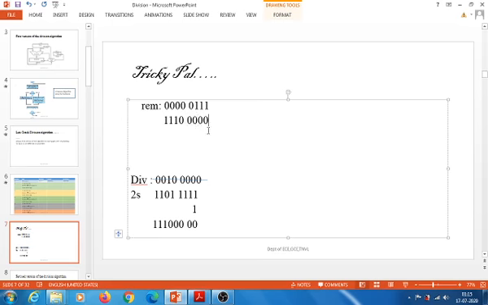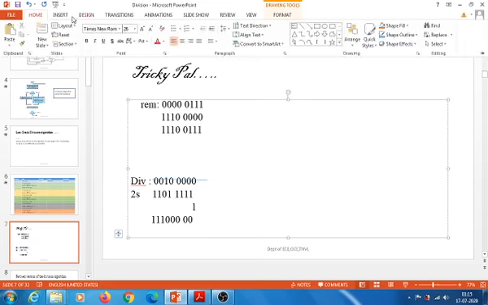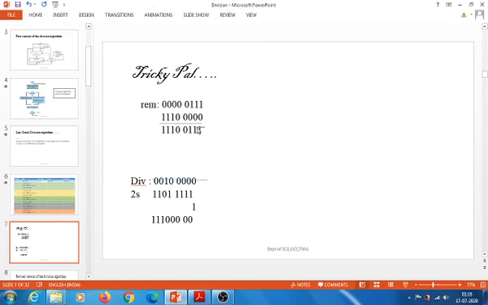So how can I add? Actually I should add from the least significant bit, but since this sum doesn't generate any carry, I am doing it from the left side. So it is 1 1 1 0 and 0 1 1 1. So this is the result.